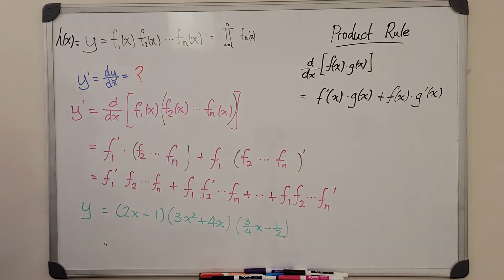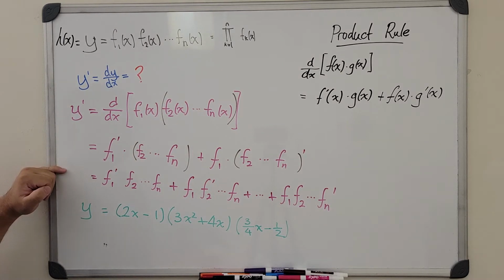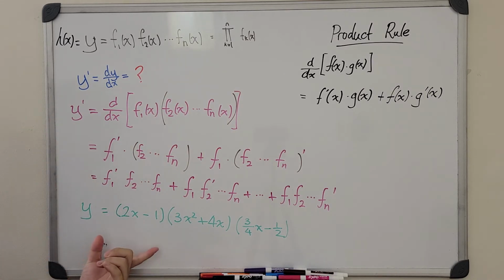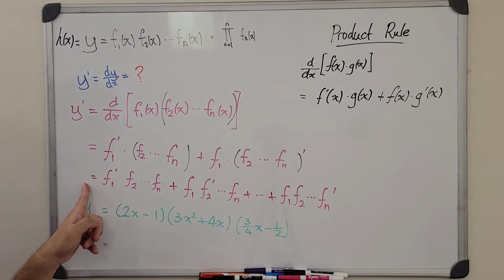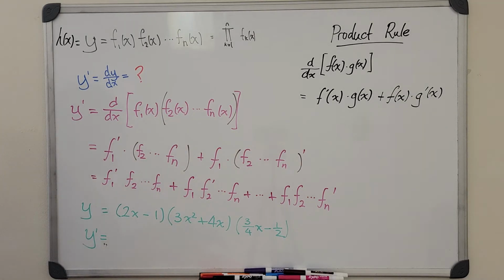One way of doing it is to multiply all the terms to get a polynomial before we take the derivative. But as we know how to manipulate the product rule, we can use this general version of the product rule to find the first derivative without multiplying all the terms in.